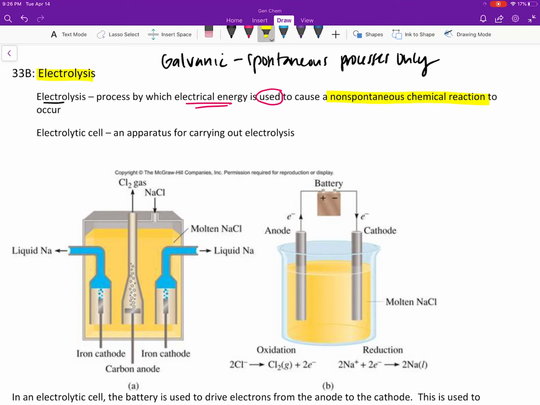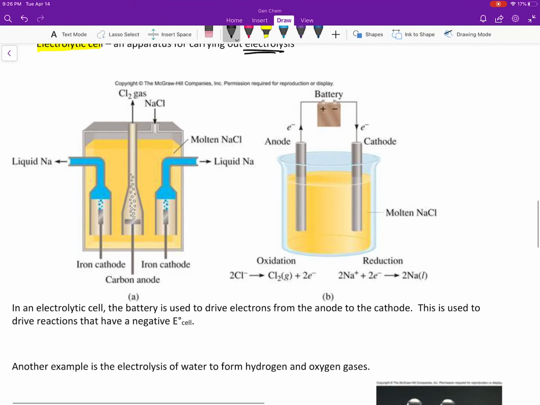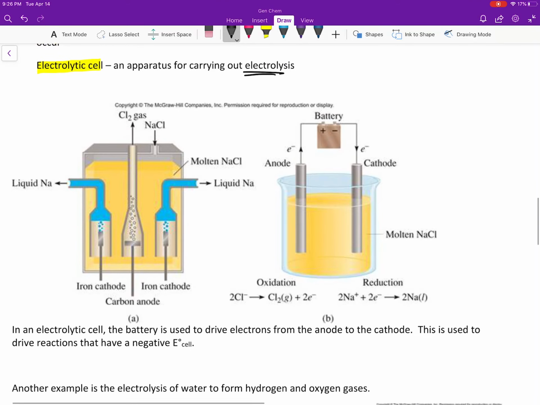And the electrolytic cell is the apparatus that's used to carry out that non-spontaneous process. So, for example, if we're looking at this process right here, one thing I want to point out is that the electrolytic cell is going to be non-spontaneous. However, the electrons are still going to flow from anode to cathode.